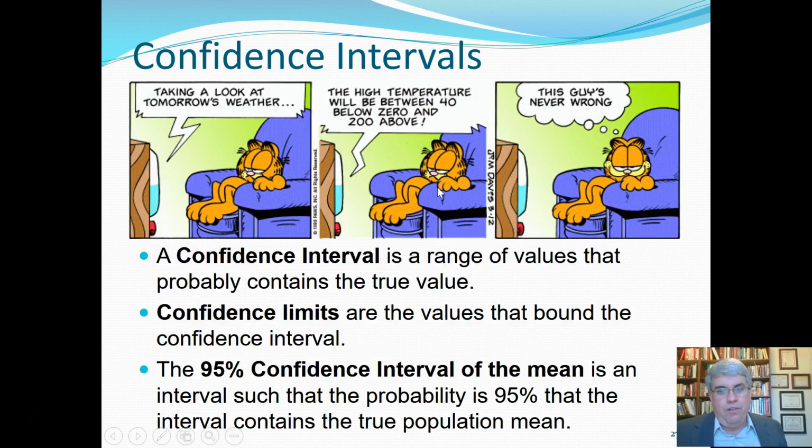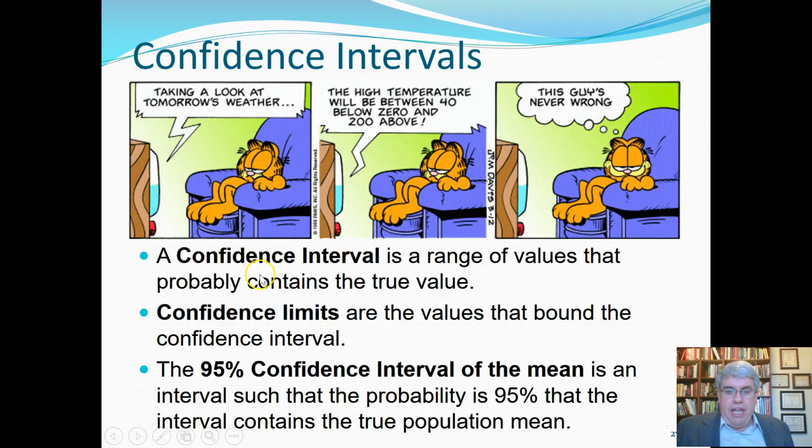Not very useful, but if he had said something like the high tomorrow will be between 75 and 85, that's much more narrow. And here in California, he would have a much greater chance of being right if he had said simply, oh, the high tomorrow is going to be 80. So a confidence interval allows us to be right more often than if we try to guess the exact temperature.